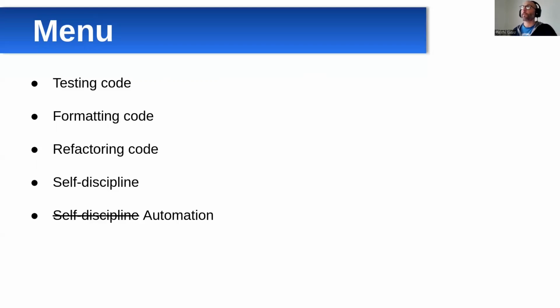I'm going to show you a whole bunch of things you can do to automate a lot of what I'm showing you, so that you don't have to be very good with self-discipline, and you can let the computer do it for you, or make it part of your workflow, so that you don't have to remember to do those things all the time. And finally, if we have the time, I might show you a couple of things on how to structure your projects in terms of where to put your code, where to put your data, and so on.